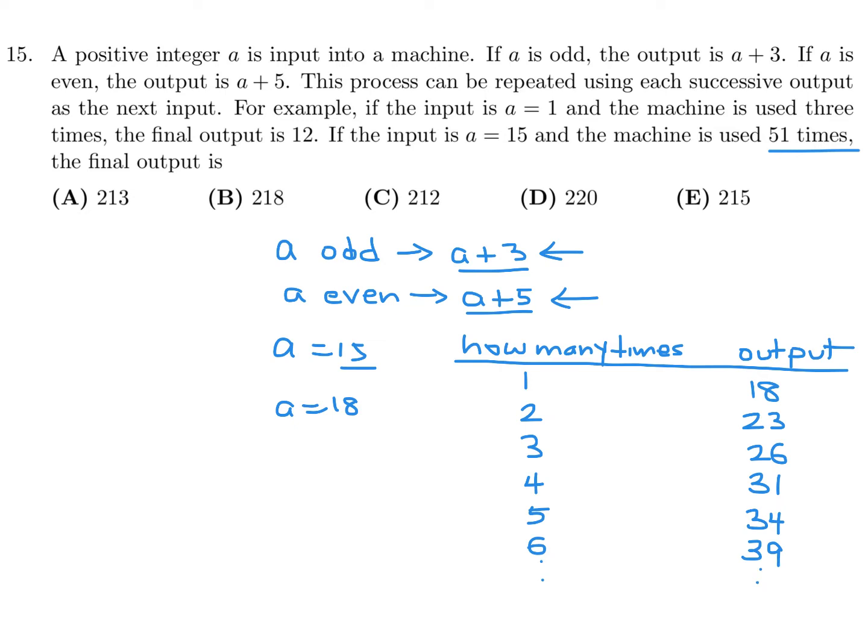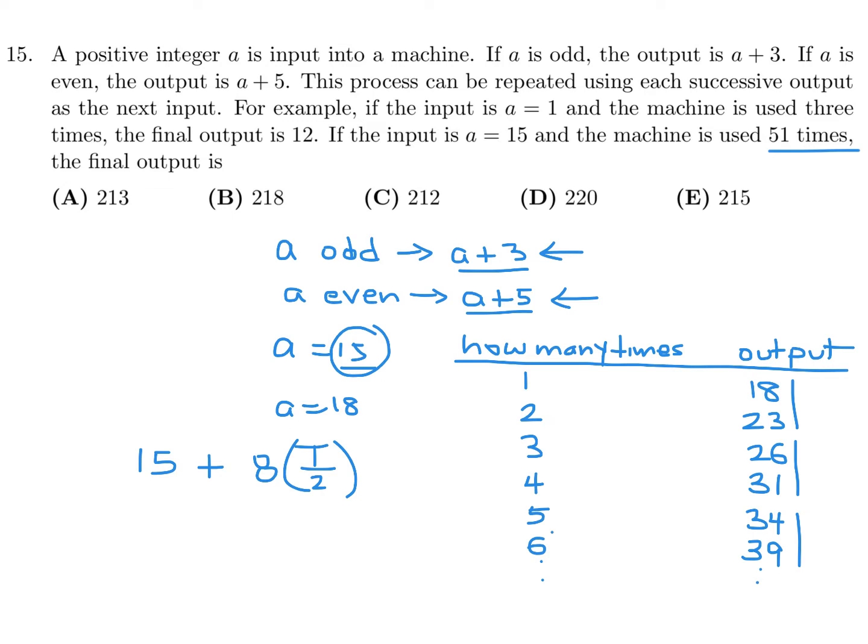So it looks to me that the output is 15 for this particular case, plus, I think it looks like it goes up by 8 every 2 times. Yeah, that's 8, and that's 8. So a multiple of 8, and the number of times divided by 2. I think that is the formula. And you can verify this.